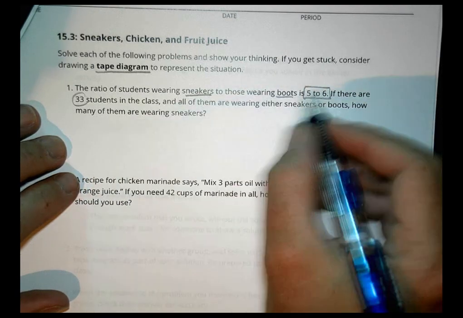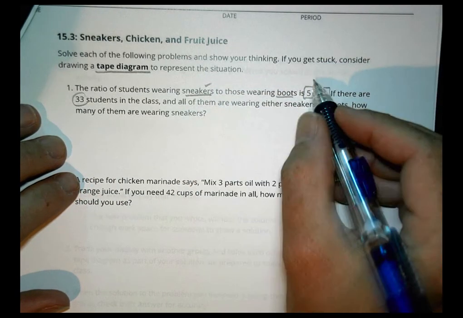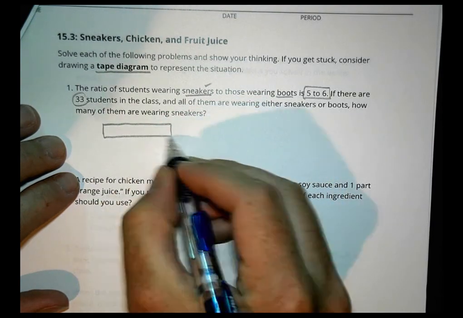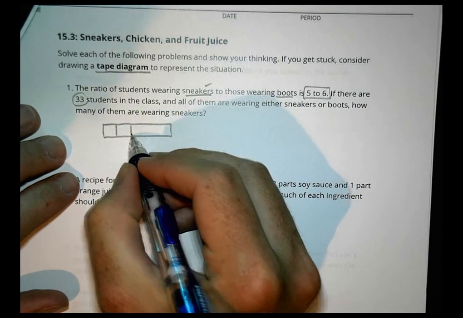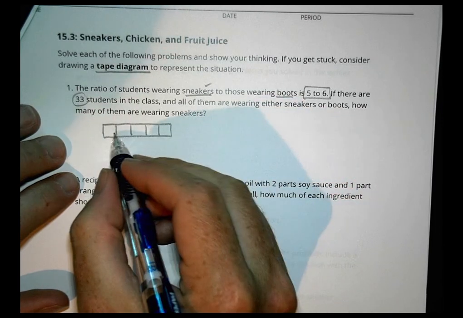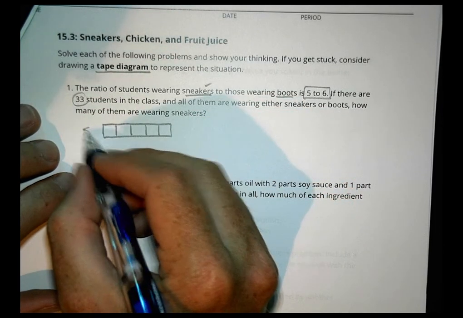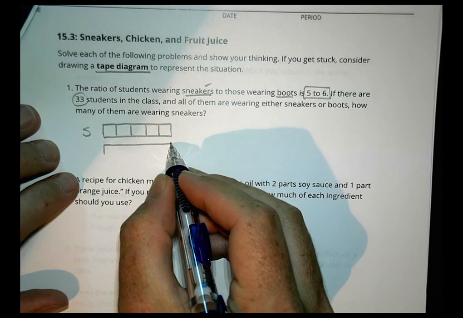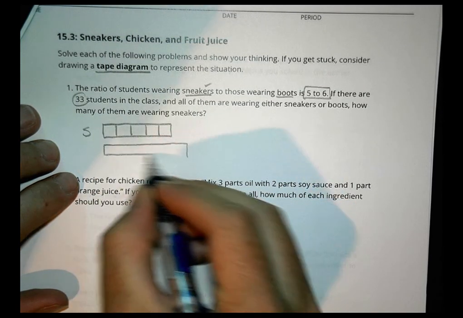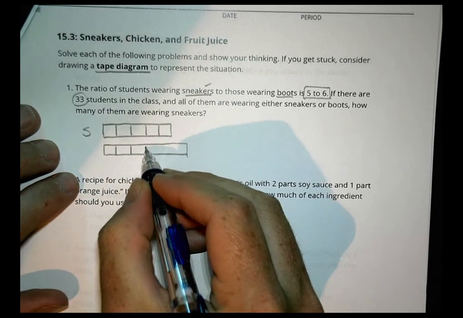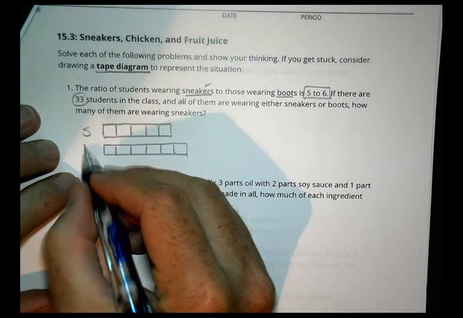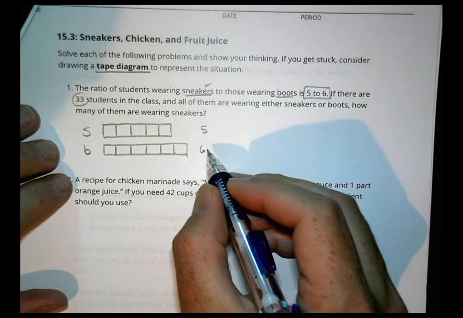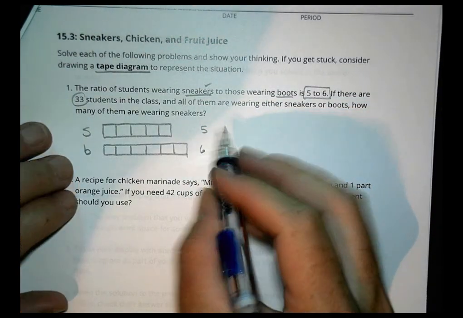Let's do sneakers to boots. Sneakers is going to be 5, so I'm going to make a little bar like this. I'm going to go 1, 2, 3, 4. Gives me a total of 5 squares. Let's see, my sneakers. And boots is 6, so I know I'm going to go past the 5 and go 1 more. So I have 1, 2, 3, 4, 5, 6. That's my boots. Okay. We have 5 sneakers. We have 6 for the boots. That's my ratio, 5 to 6, right?